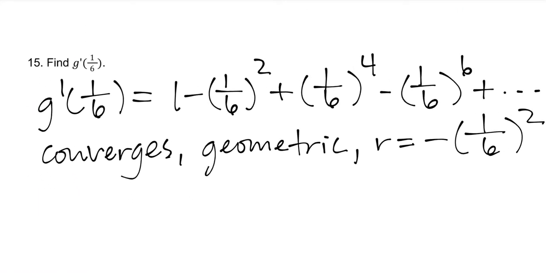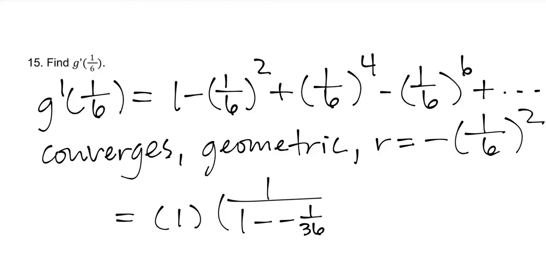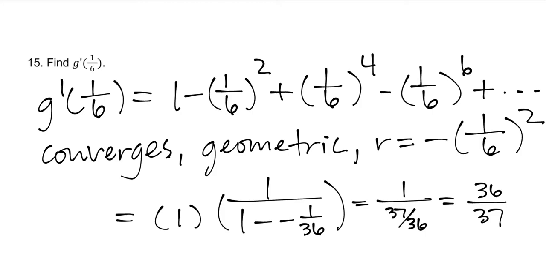So I'm going to say the sum is going to be the first term, which was 1, multiplied by 1 over 1 minus -1/6 squared. So 1 plus a 36th is going to be 37 over 36. And so 1 over that is going to be 36 over 37.